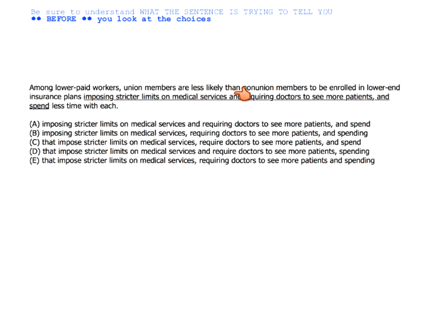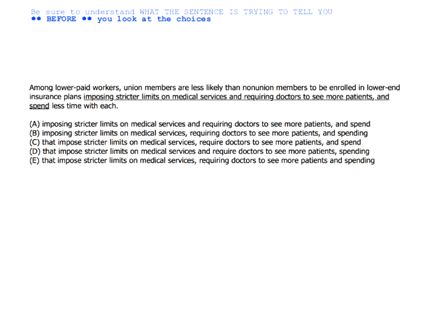So, what are these insurance plans? How many things do the insurance plans do? They do 2 things, not 3. Because insurance plans very clearly don't spend time with people, so that's something doctors do.